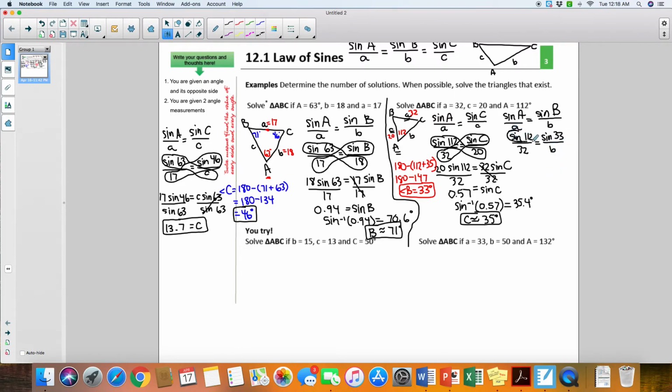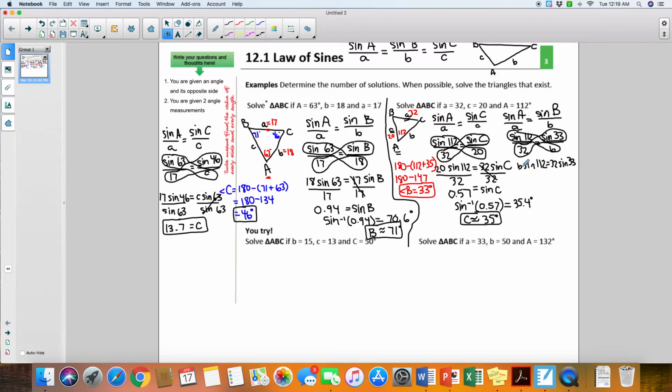So again, solving proportions, I want to cross multiply. That's going to give me b times sine of 112 equals 32 sine of 33. Getting rid of the stuff by the variable, I need to undo sine of 112.